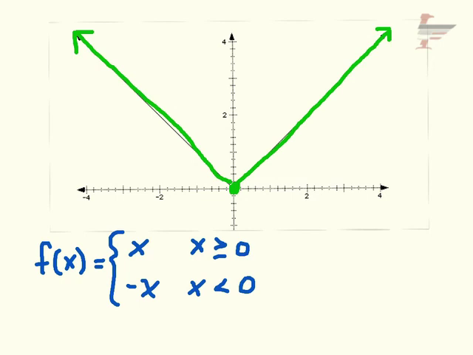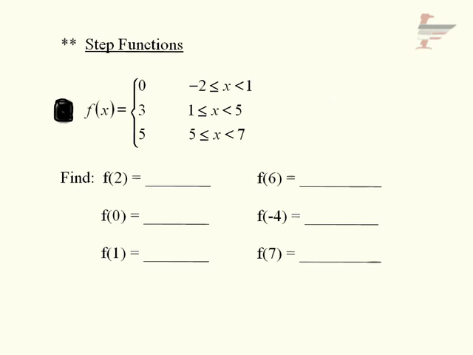You will also notice that this function could be written as one single function, y equals the absolute value of x. Here is an example of another piecewise function. It has three pieces to it. It's called a step function because you'll see when we graph it that it looks like a step.